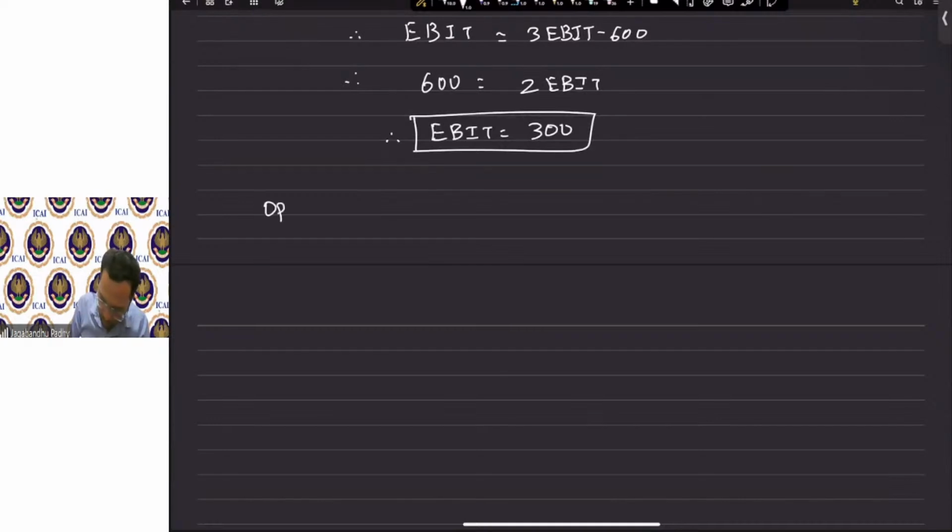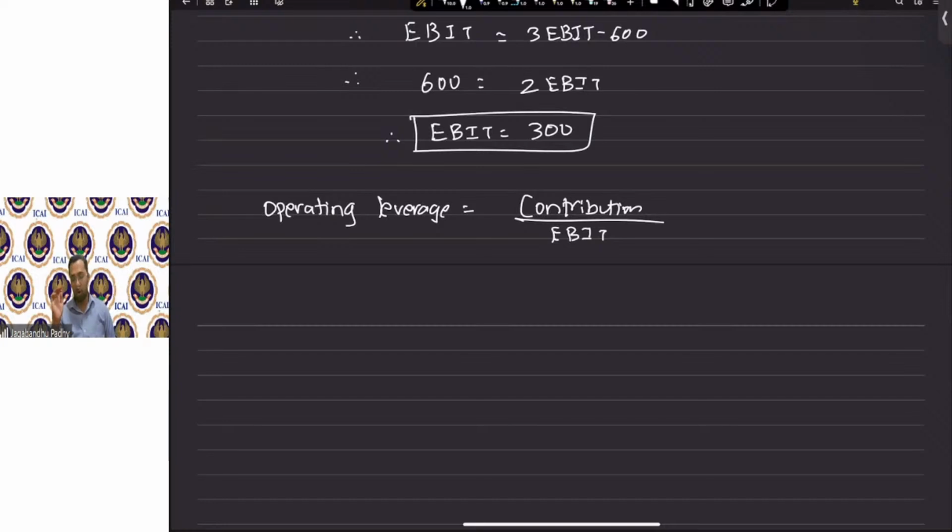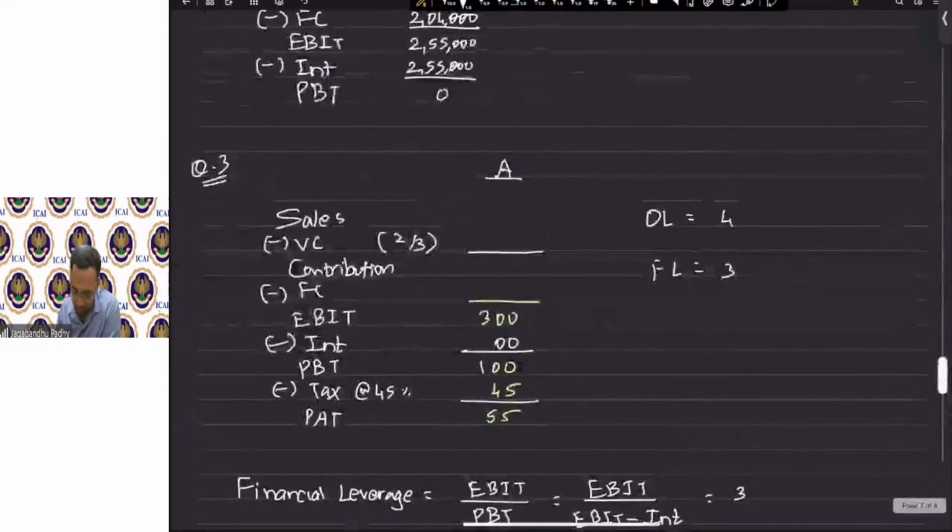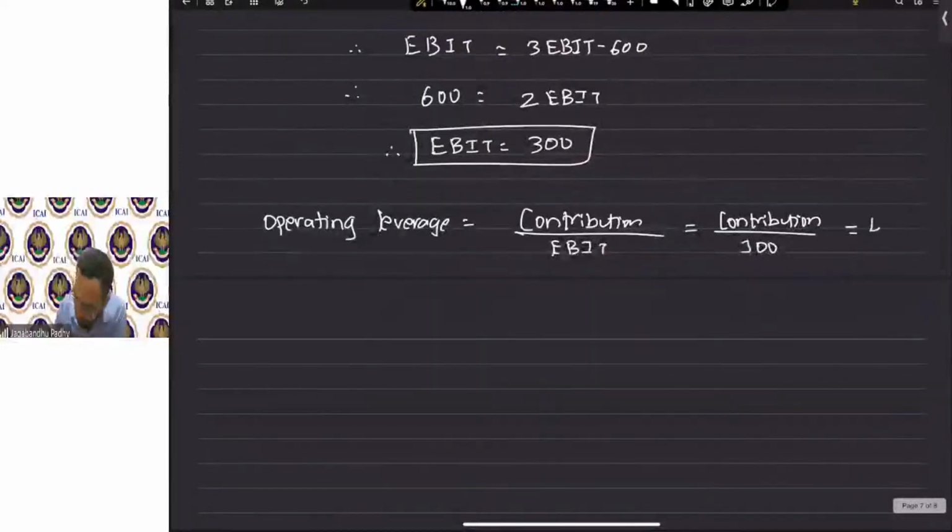So operating leverage is contribution upon EBIT. We don't know what the contribution is, but we know the EBIT as 300, and accordingly the operating leverage will be 4, given in the question as 4.